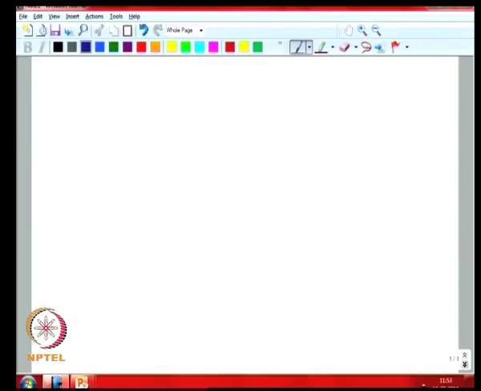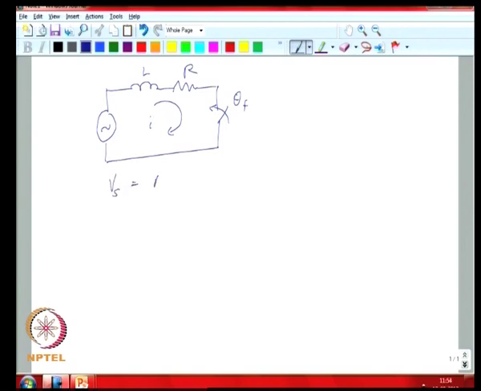So, for this model, we assume our source voltage Vs is A sin omega t.